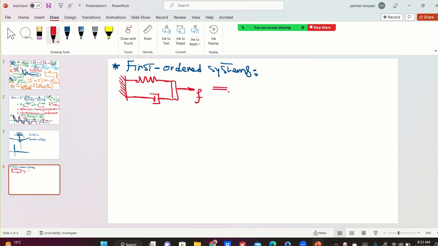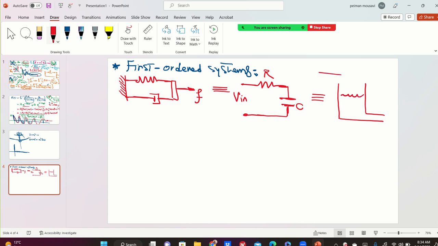F equals to input voltage, RC circuit, equals to Q in, Q out, flow rate out, resistance out of the tank, height of the tank, CT, capacity of the tank.